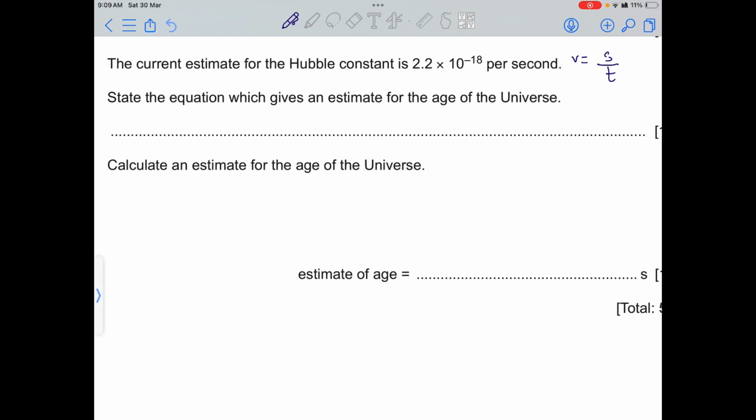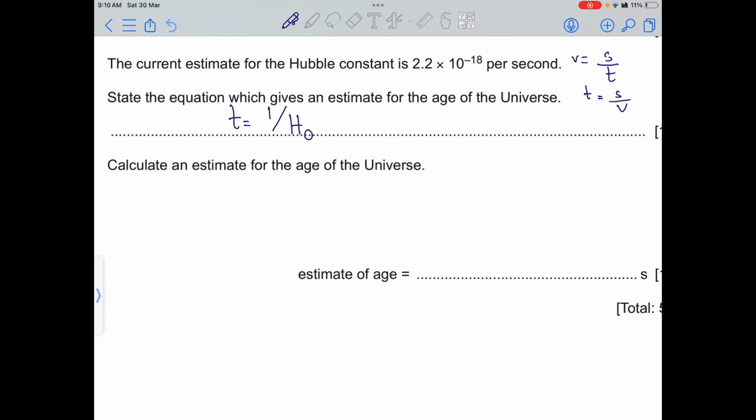If you want to find the time, we have s, the distance, over this speed, which can be rearranged as 1 over H0, because Hubble's constant is just that. So the time is equal to s over v, which is equal to 1 over Hubble's constant.